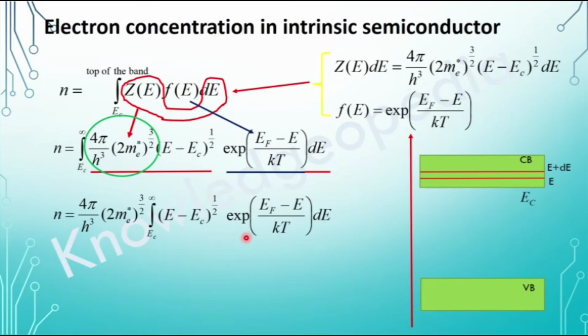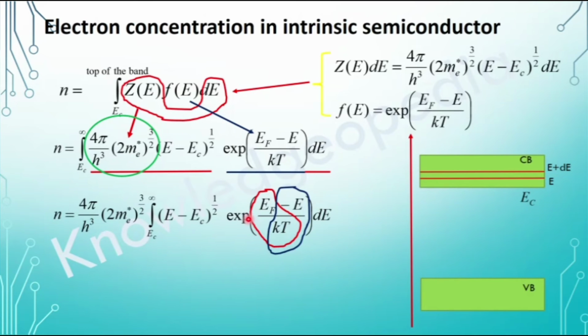Here this exponential term has two terms embedded inside. One is EF by kT and the second one is minus E by kT. We all know that e to the power a plus b equals e to the power a into e to the power b. So here exponential of EF by kT minus E by kT can be split into two terms: one is exponential EF by kT and the second is exponential minus E by kT.